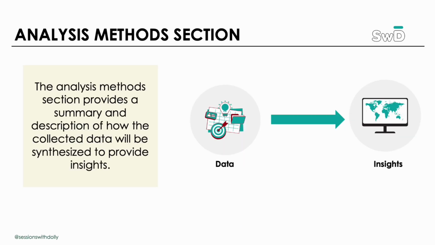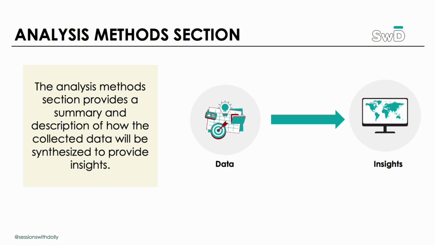Let's get on it. The analysis method section provides a summary and description of how data will be synthesized to provide insight. It basically outlines how you plan to analyze your data to answer your research question.